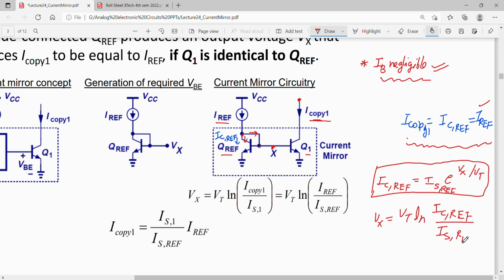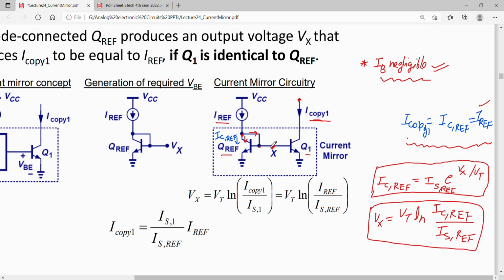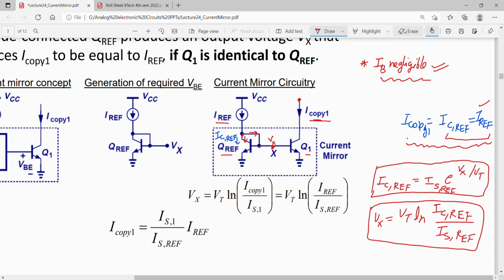Okay. So I can find out Vx, that is this node potential. And we have already said that IC ref is equal to I ref since IB is negligible. So let us say this is I ref only, not IC ref. Okay. So which is written over here. So this Vx is equal to this much.